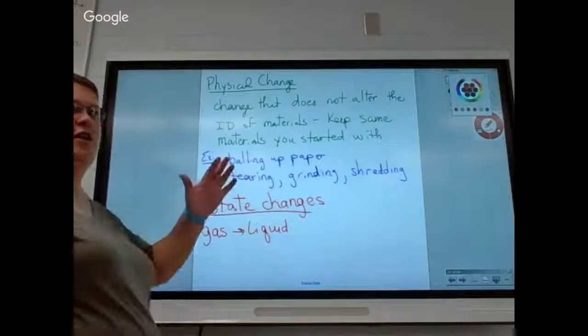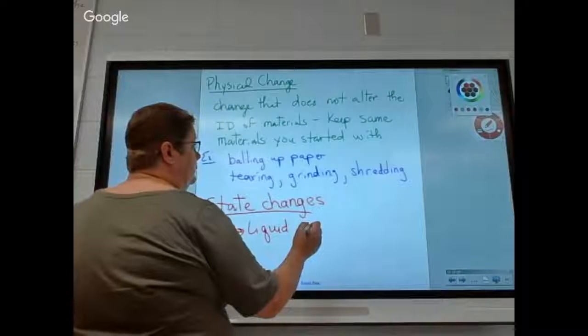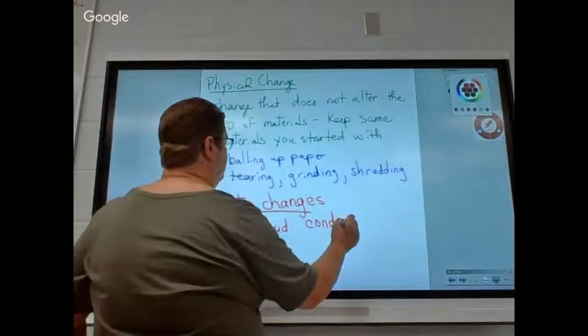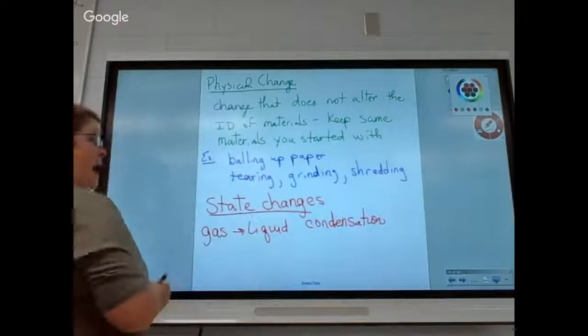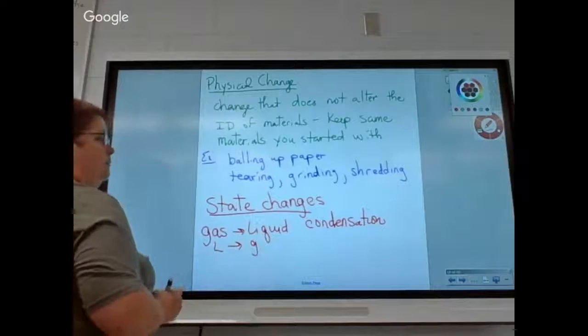So just as a refresher, gas to liquid would be called what? Condensation. Okay. The opposite of that would be liquid to gas, which would be called what?